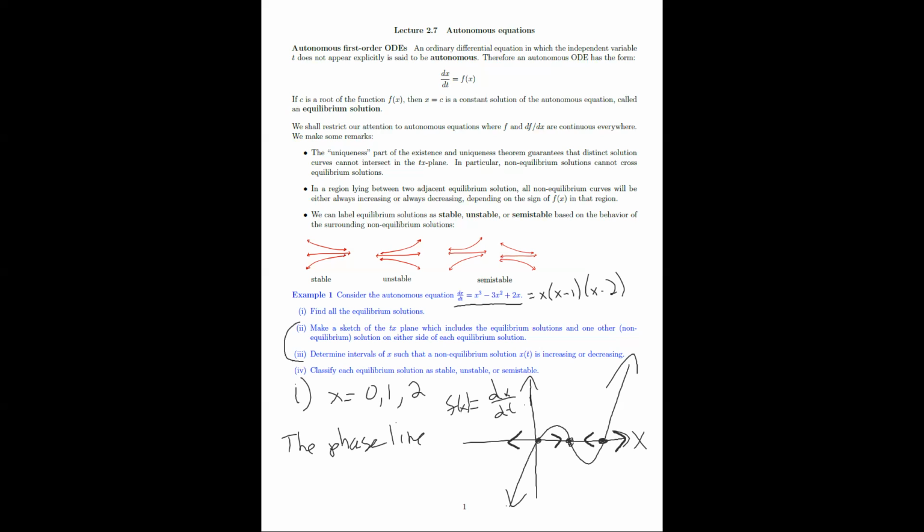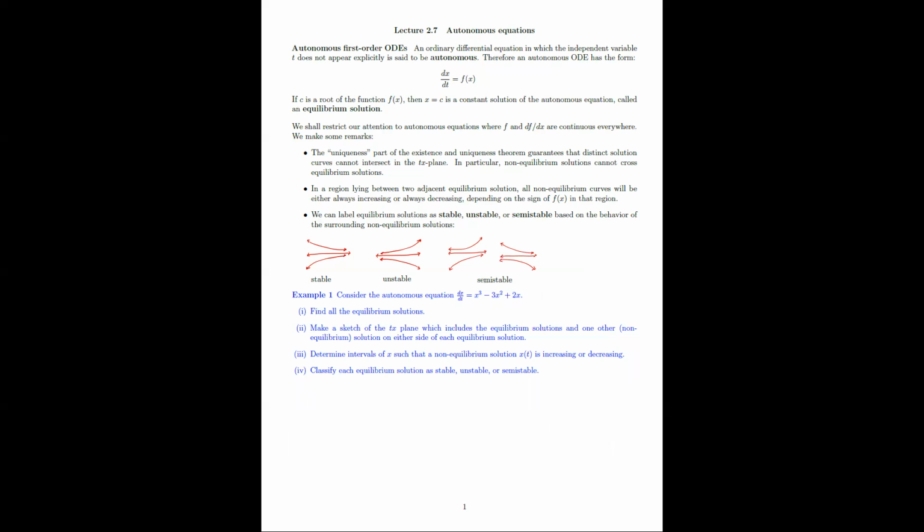Okay. So again, this will be our phase line. We're going to take that information that I just drew down. So this is going to be part 2 now. We've kind of already done part 3, but we didn't officially write the solutions out, but we'll do that after we draw the picture here in part 2.